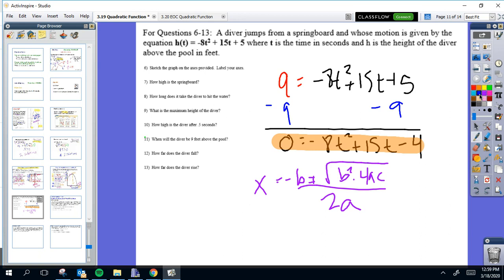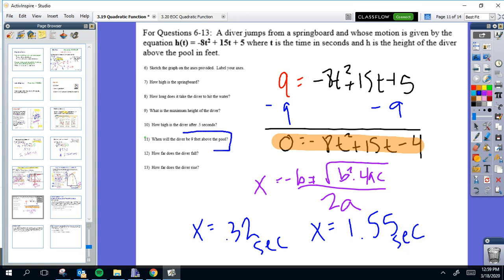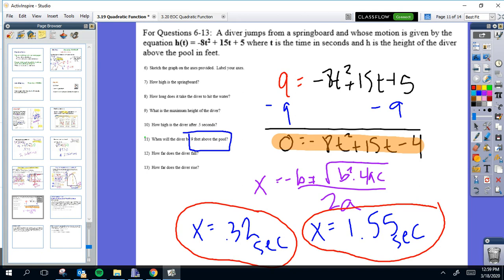When you do that, your x values should have 2 different numbers. First, you'll have 0.32, and second, you'll have 1.55. So basically, this is saying that when the diver is 9 feet above the pool, time will be either 0.32 seconds or 1.55 seconds. Let me show you why that makes sense.